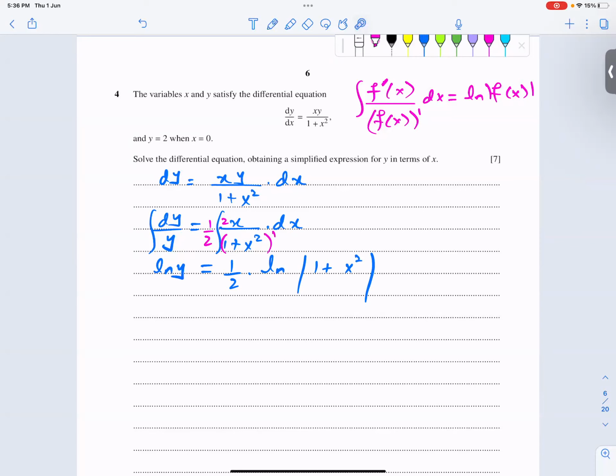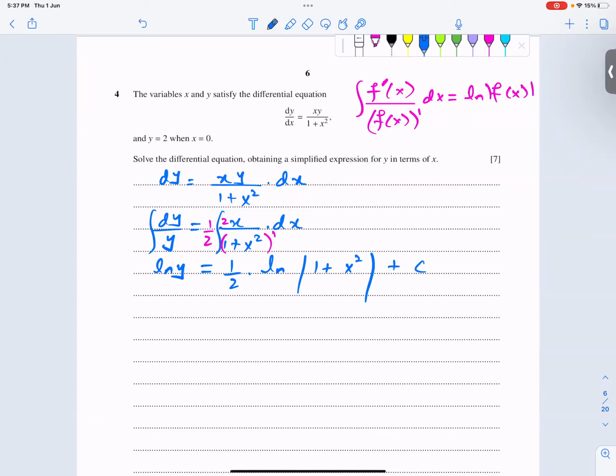But in the answer we don't need the derivative, we just need ln of the function. So forget about this 2x, okay? Many students got confused asking, sir, where has this 2x gone? If you see the formula, in the answer we just need to write ln of the function. Forget about the derivative. Anyway, then add a constant.